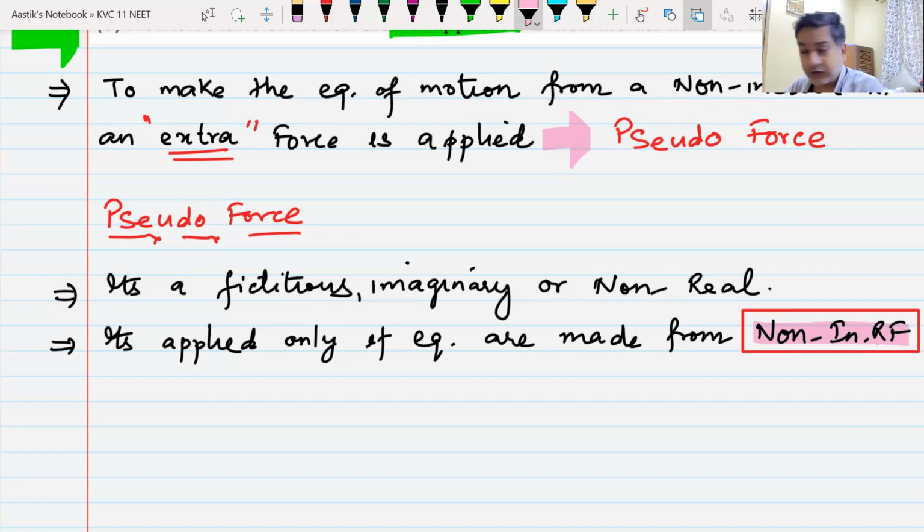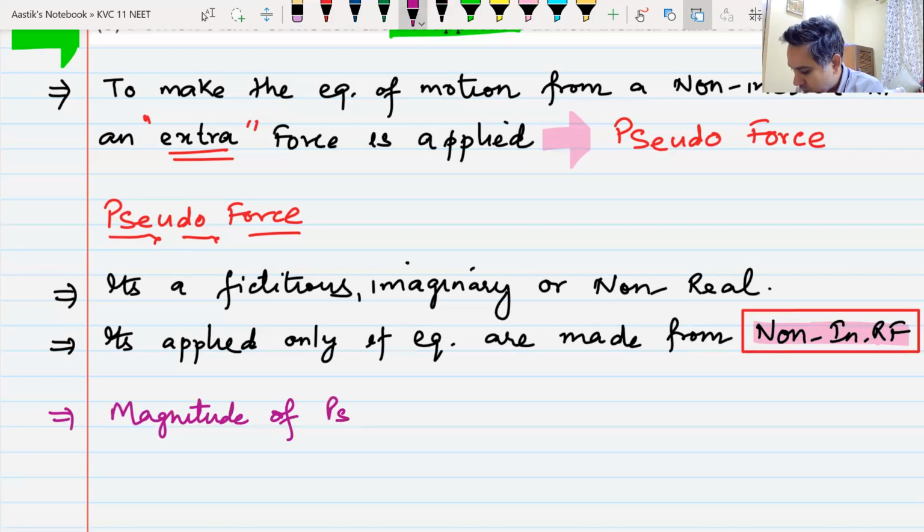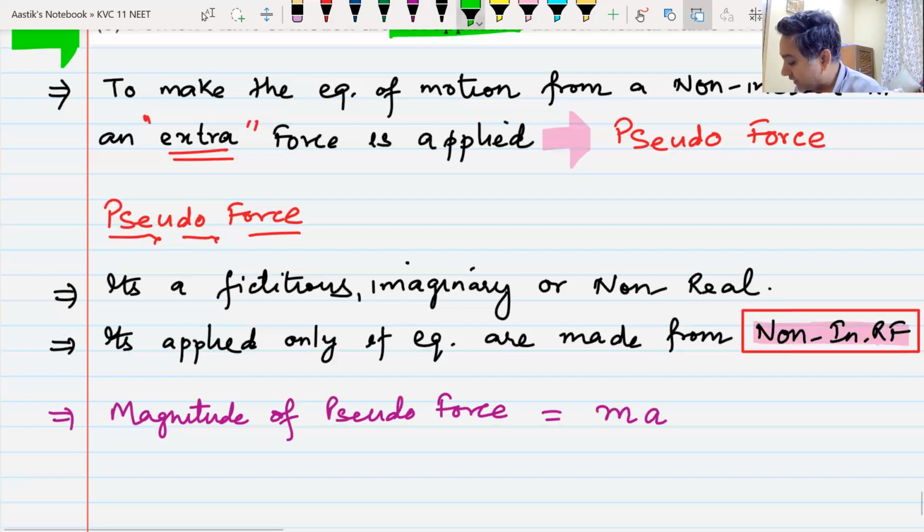Now, what is the value of this pseudo force? So write the magnitude of pseudo force. Magnitude of pseudo force is equal to m into a. What is m?